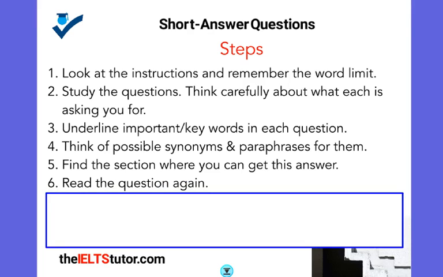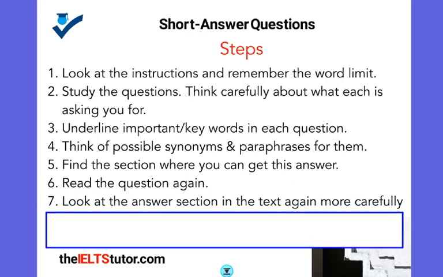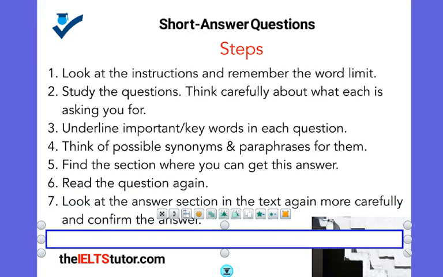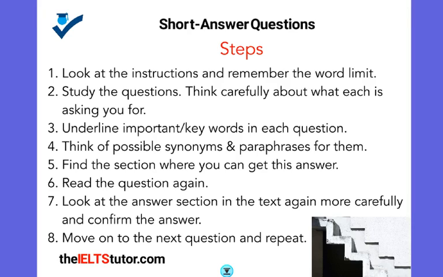Okay, the answer in the section, does it directly answer the question? So when you read the section again, try to confirm the answer. Is it exactly what the question is asking? Does it answer directly what the question is asking? And then move on to the next question and repeat the same cycle.